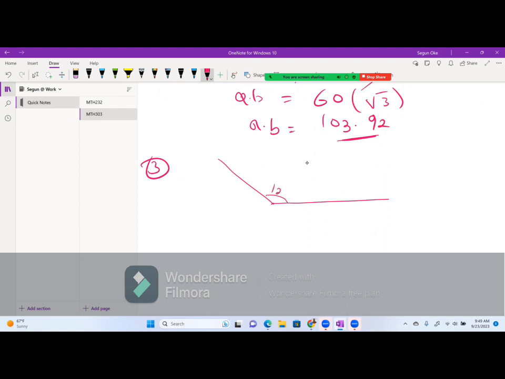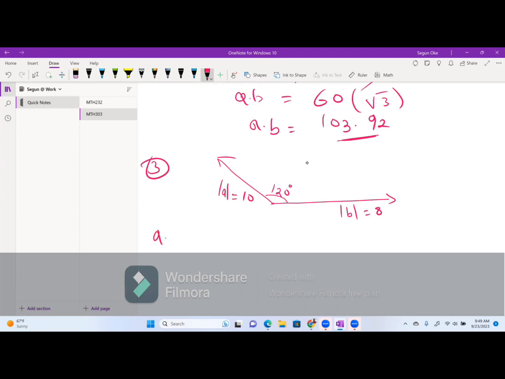This is 120 degrees, the magnitude of A is 10, and the magnitude of B is equal to 8.